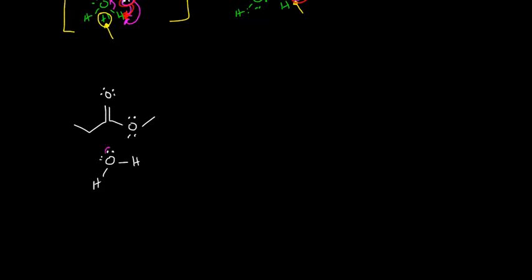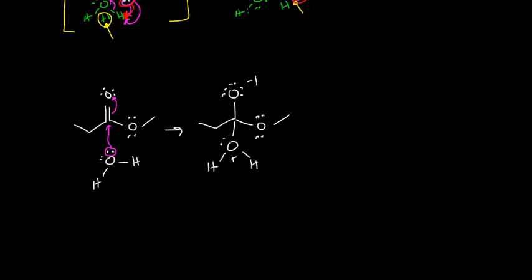Okay, so the first step is we have nucleophilic attack onto the electrophile, moving electrons up to this oxygen. When we do this, we create an intermediate where this oxygen has a -1 charge, and the oxygen from water now has a +1 charge.